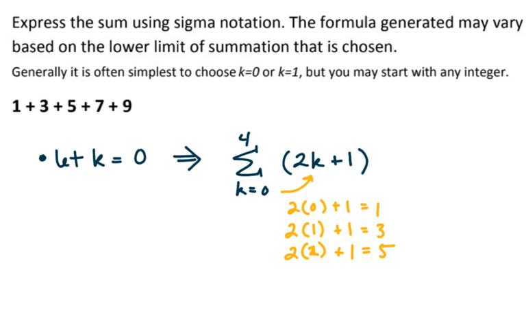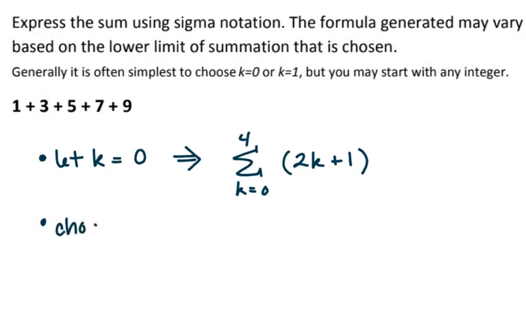Okay? Now, how would this be different if I said, well, let's let k equal 1? So suppose I chose this differently and I said choose k equal to positive 1. So if k equals positive 1, how does that change my formula and how does that change my summation notation? So in this case, we would start at k equals 1.